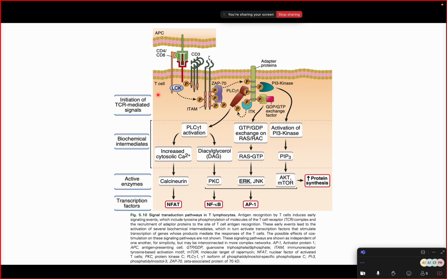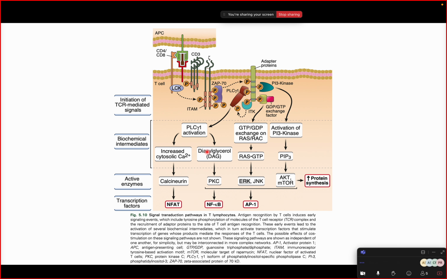If you take any other cell, for example a macrophage, it has a cytokine receptor. That cytokine receptor will ultimately activate any of these signaling pathways and many more, because these are not the only signaling pathways, to come up with the action which that cell is supposed to do.